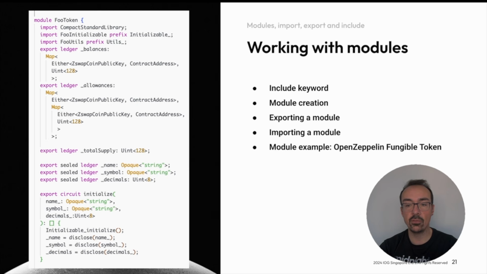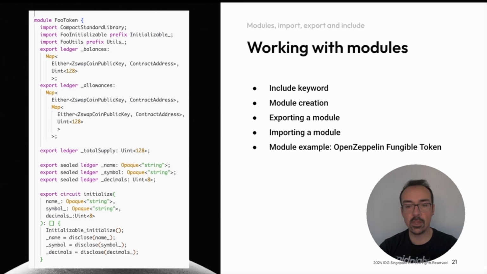This is the fungible token contract that was written by OpenZeppelin. It's a very good example of how to declare a module, how to use it, and how to export different values from the module. So here you can see that from inside the module we import the standard library. We also import other modules inside that module, so it's very modular.